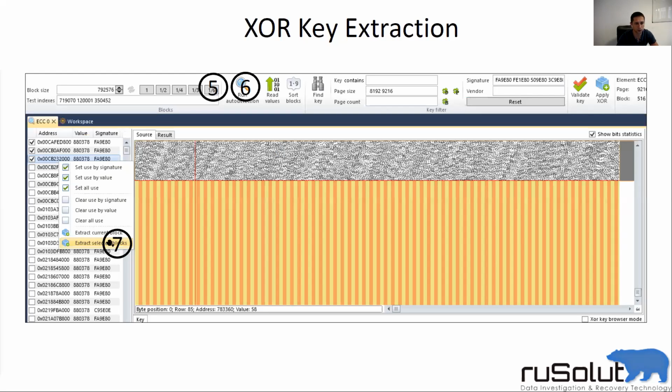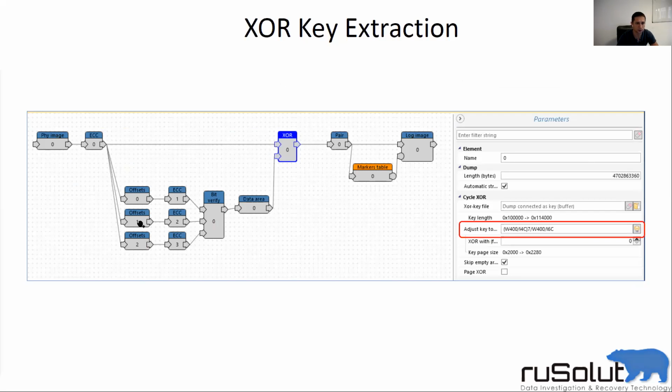So after we click on extract selected blocks, we'll get 3 offset elements where we'll have those keys. With the ECC element, same like this one, we can control using the ECC map if we don't have any bit errors.